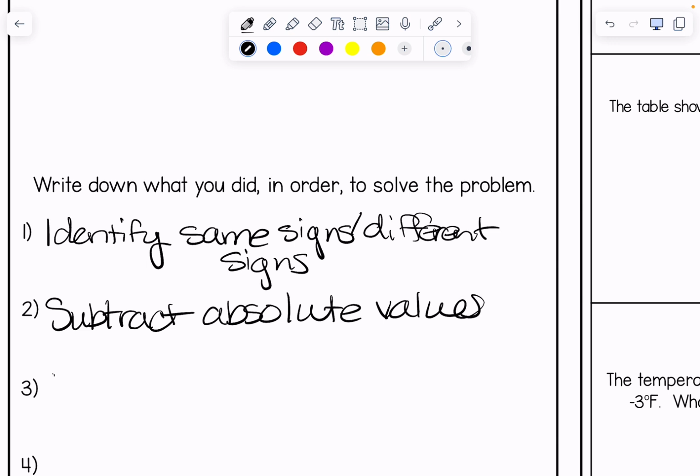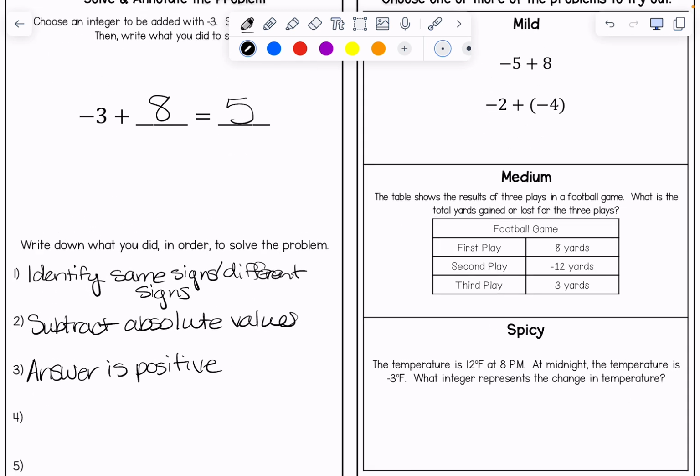And answer is positive. Notice I didn't fill in number 4. That is okay. I want these steps to make sense to you, so you fill in what makes the most sense to you.